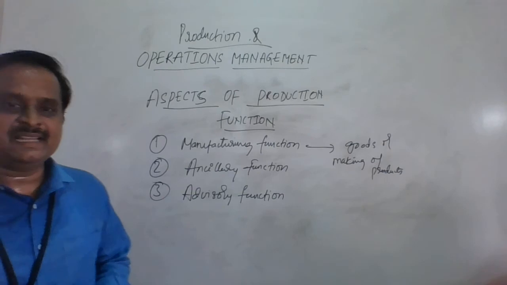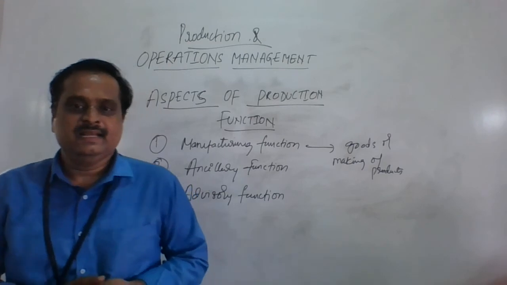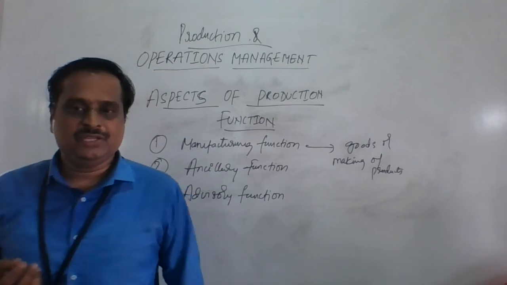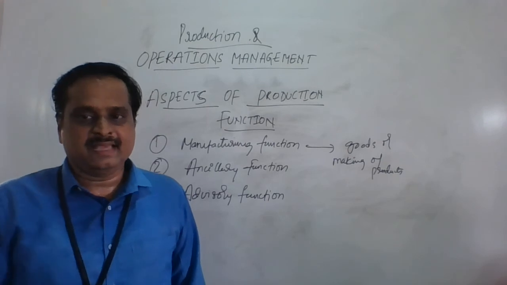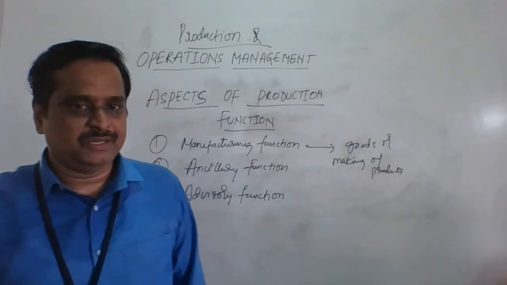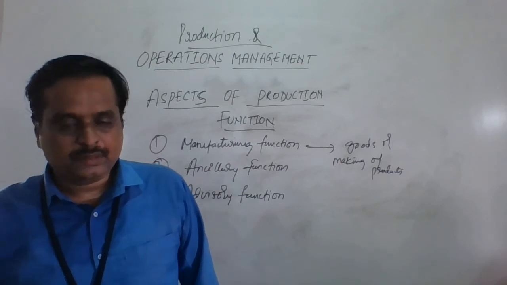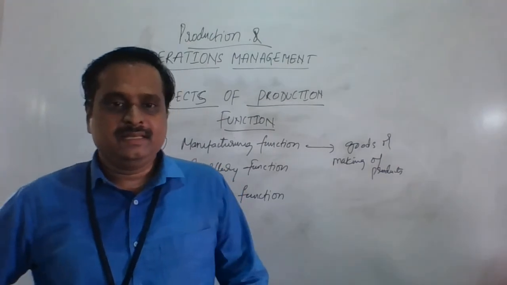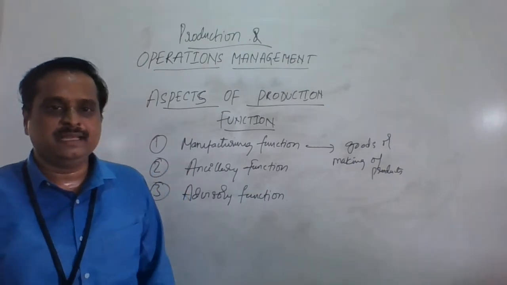Decisions such as selection of factory, plant location, site, design and layout, type of products to be produced, research and development, and design of a particular product are the main points included in the manufacturing function.